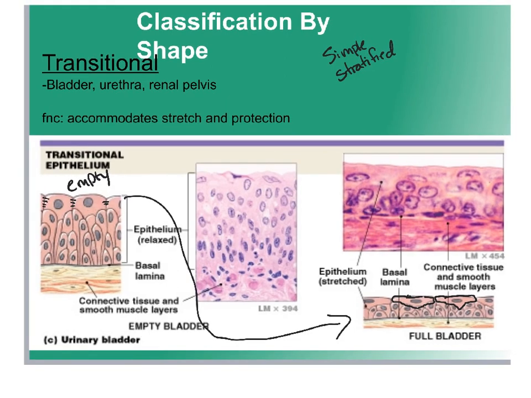So many students will say, well, how do I tell the difference between transitional epithelium and stratified squamous, for instance? And it's always about looking at the apical surface of the tissue, the side of the tissue that's closest to the inner lining of the organ or the surface of the body. And you look at the shape of the cells. And you don't see a pattern in the shape.